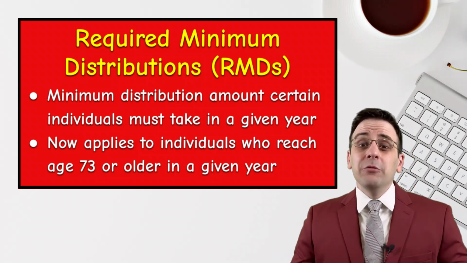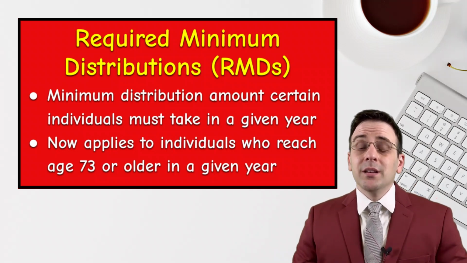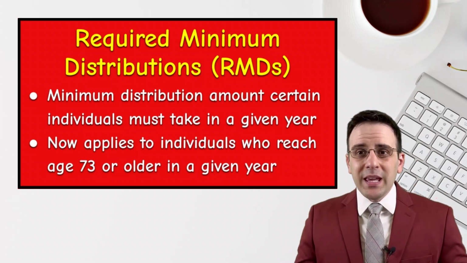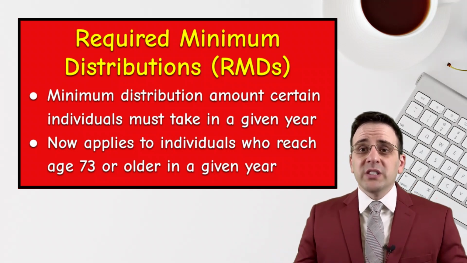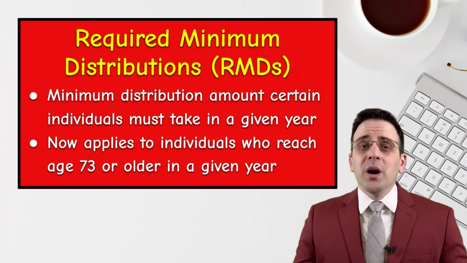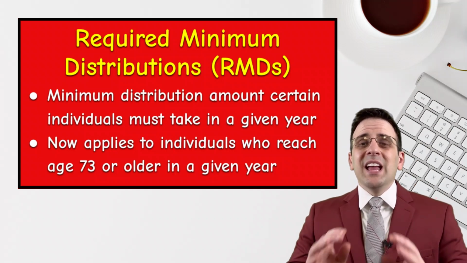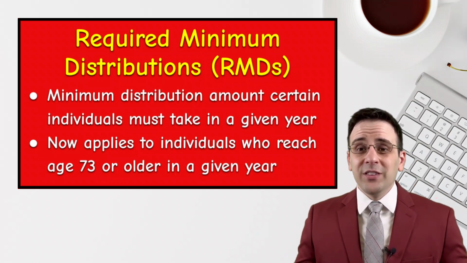The RMD rules are quite complex, but generally speaking, those with traditional retirement investment accounts must take RMDs in the year they reach age 73. The RMD rules change, and the calculation takes some work, but I just want you to be aware that they exist and the age when RMDs are required can change.